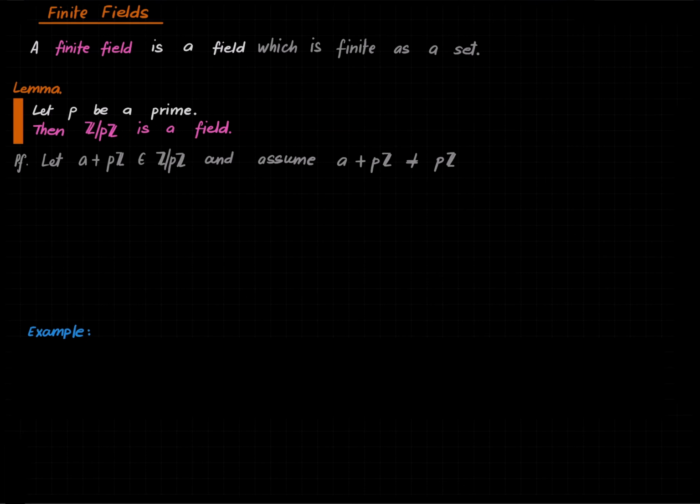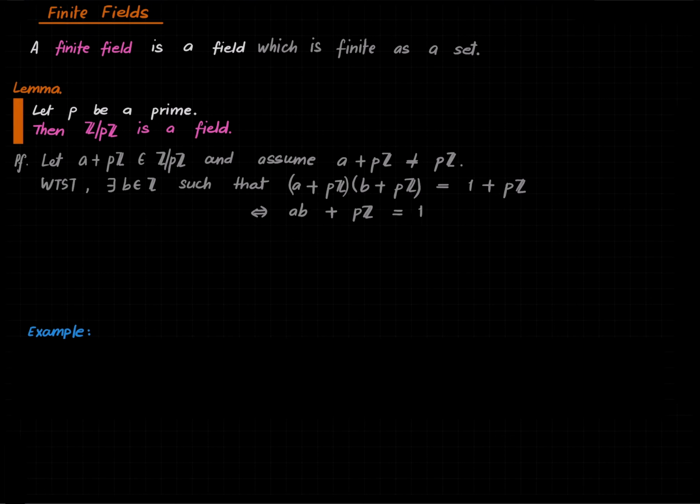Want to show that this guy has a multiplicative inverse, that is, want to show that there exists some integer b such that (a + pZ) times (b + pZ) is 1 + pZ. That's what we want to do, which is equivalent to showing that ab + pZ is equal to 1 + pZ, which is equivalent to showing that ab is congruent to 1 modulo p.